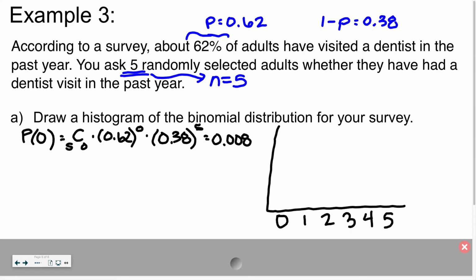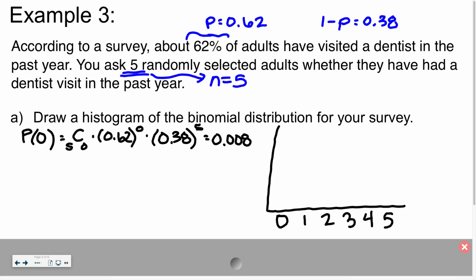That's a pretty low probability, isn't it? Less than 1%, 0.8%? But doesn't that make sense? The probability of adults going to the dentist is over half, 0.62. So if I talk to 5 different people, it's unlikely that all 5 of them are in that 38% that don't go to the dentist. It makes sense that the 0 doesn't have a lot of probability.